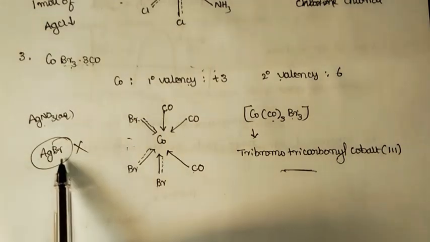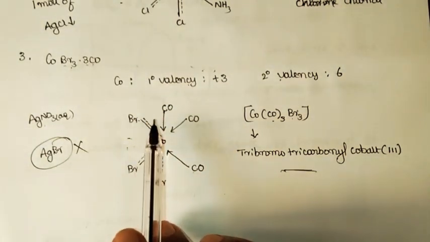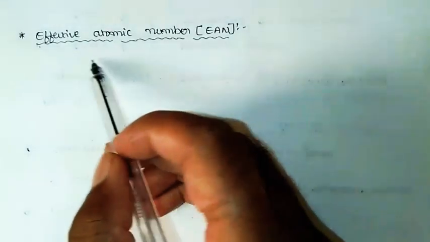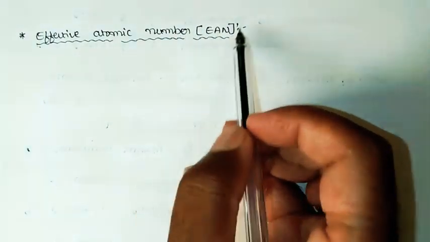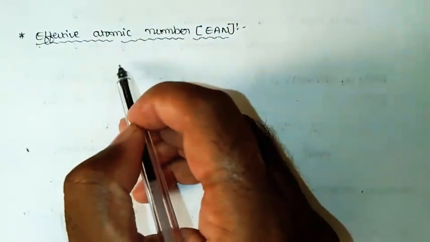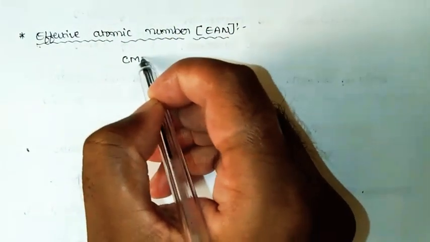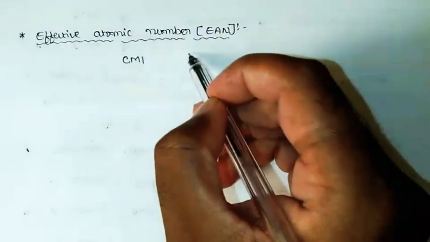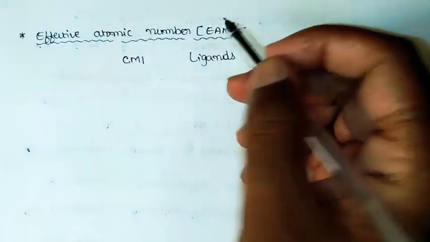Now we shall discuss one more important concept, that is effective atomic number, simply abbreviated as EAN. If you consider a coordination compound, in that compound there will be a central metal ion surrounded by a fixed number of ligands.